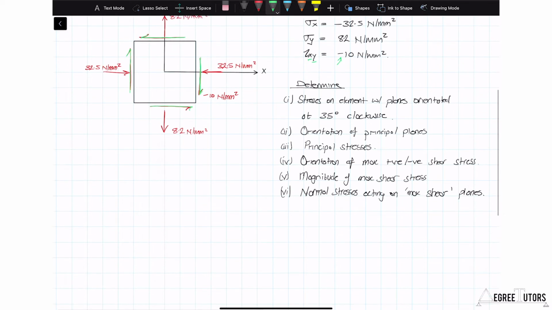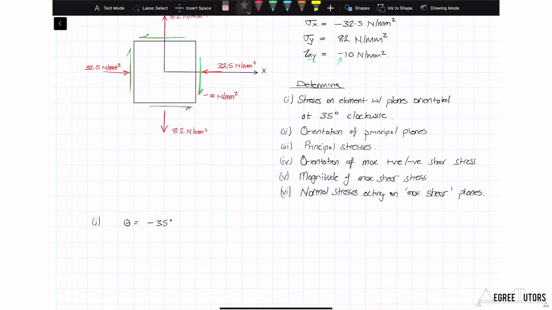Right, so let's just get straight into this then. The first thing I need to do is plug in theta equal to 35 degrees clockwise. Now clockwise will correspond to a negative 35 degrees.